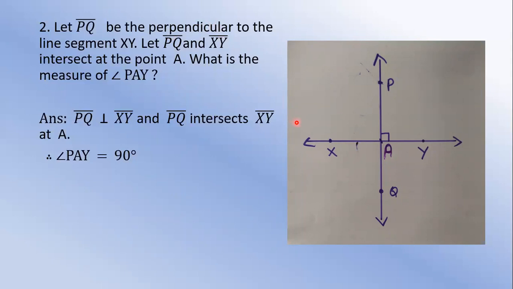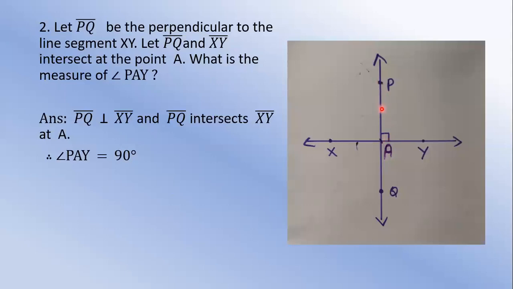See, here I have drawn the line because a line segment is a part of the line. So we will take only the line segment PQ and the line segment XY. And here line segment PQ is perpendicular to line segment XY and they meet each other at the point A. This is the point of intersection where both the line segments are meeting.